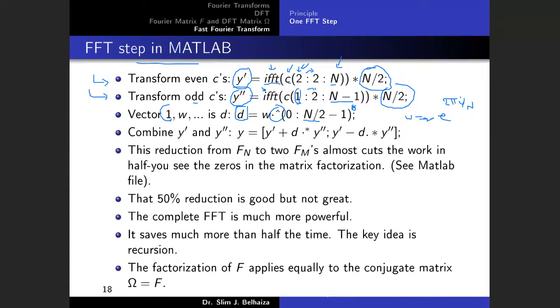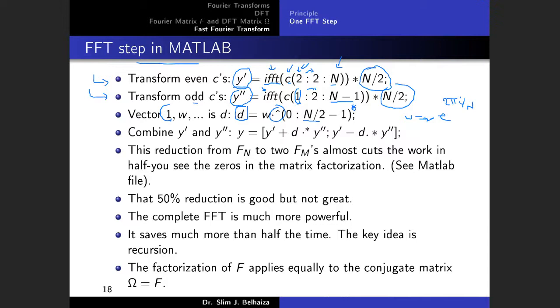So for example, if you have n equals 10, n over 2 is 5, so 5 minus 1 is 4. So you'll have W to the power 0, 1, 2, 3, and 4, 5 items.